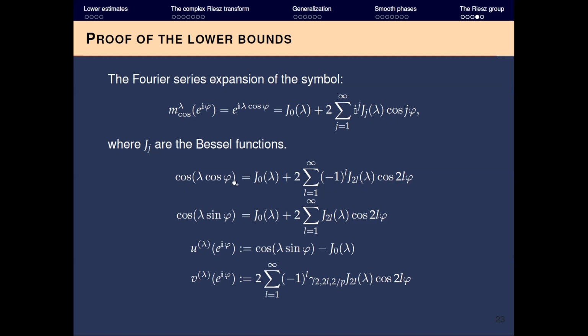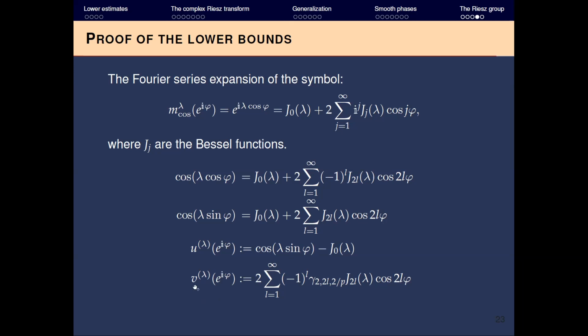Then you shift a little bit in phi, you get the other identity, and so on. So it turns out that it's a clever choice to use this as a function u. So it's cosine of lambda times sine of phi minus the zeroth Bessel function of lambda, just because here you see an explicit expansion of this difference into the Fourier series, right?